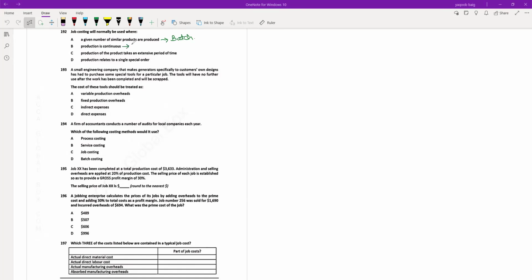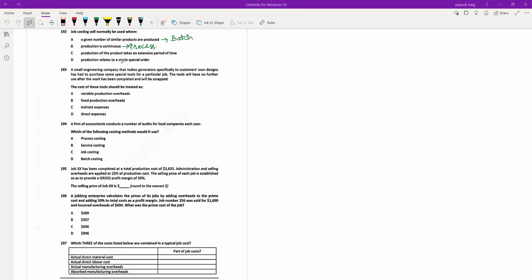It is not continuous in job costing. So here we can say process costing. Production of the product takes an extensive period of time. An extensive period of time can be taken by a product which is produced under process costing or a product which is produced under batches.